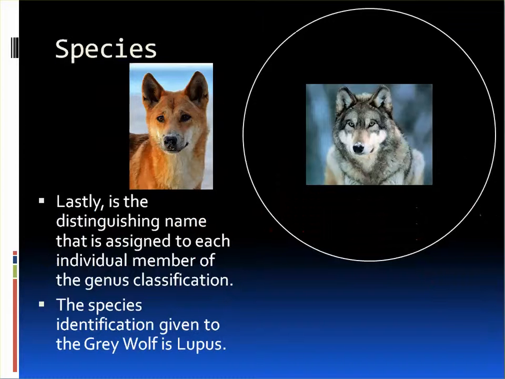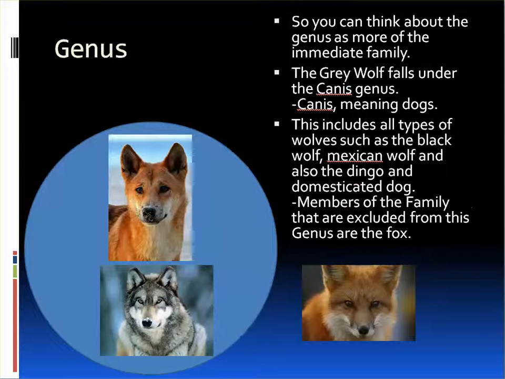Now we are going to get more specific with the genus. You can think of the genus as more of your immediate family members, meaning your siblings or your parents. The gray wolf and the dingo look more alike than they do to the fox. They have a bulky build with very long legs.